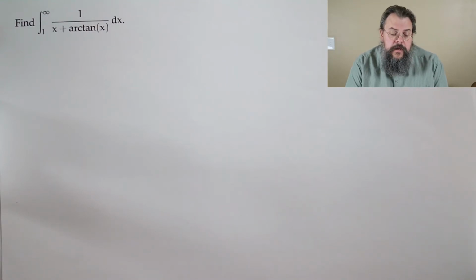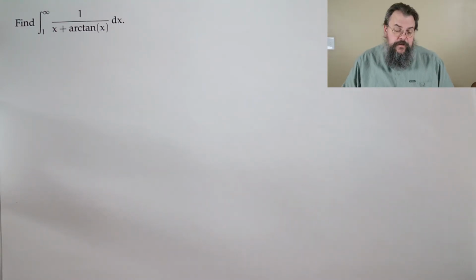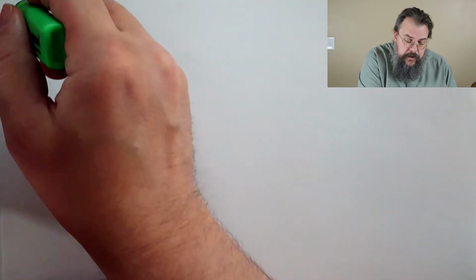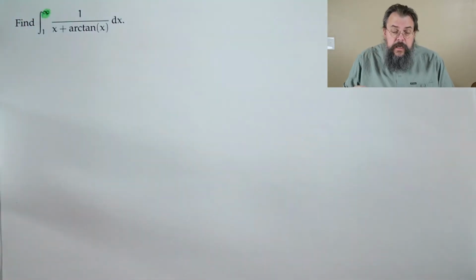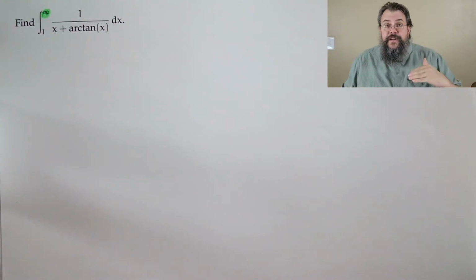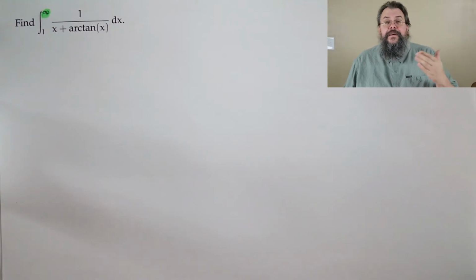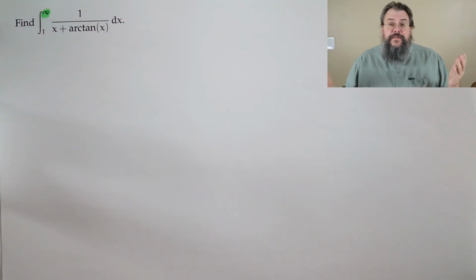Well, we see that there's an infinity involved because it's in the bounds. On the other hand, in the range of the integral, in other words, between the bounds, 1 to infinity, I'm never dividing by 0 because x is a positive number. And arctangent of a positive number is also a positive number.